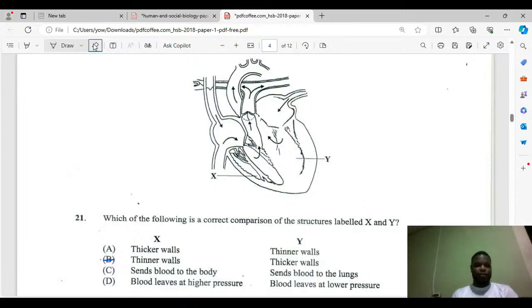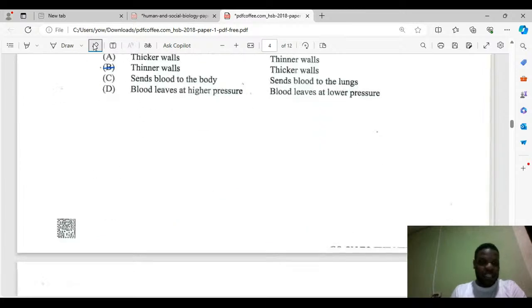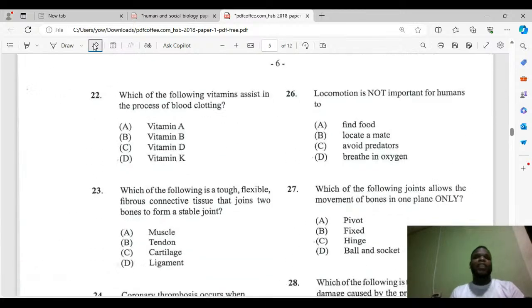All right, moving on. Which of the following vitamins assist in the process of blood clotting? Oh, come on, man. Here we go again. Yeah, man.